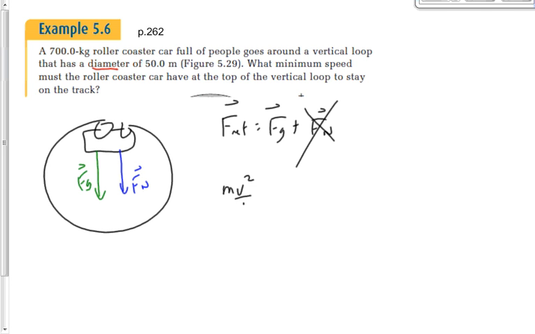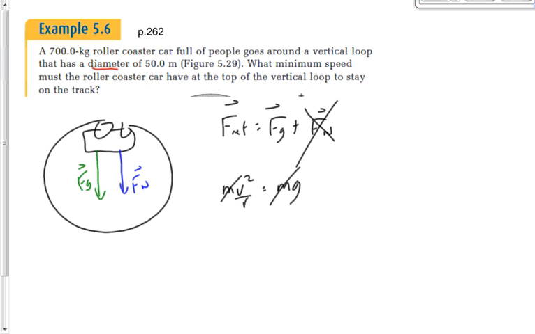mv squared over r is equal to the force of gravity. Masses actually cancel here, which tells us, basically, look, the roller coaster was 700 kilograms. It could have been 1,000, wouldn't have made a difference. This may make you feel more comfortable when you go on the roller coaster ride on May 29th for your field trip.